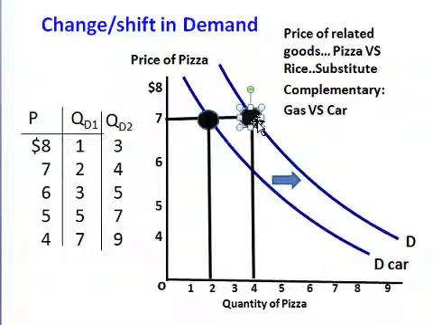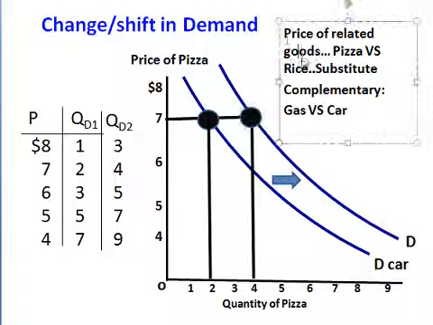When this happens, the demand curve for car will not shift left, because the price of car has also gone down. So we can easily buy a car although the price of gas has gone up.